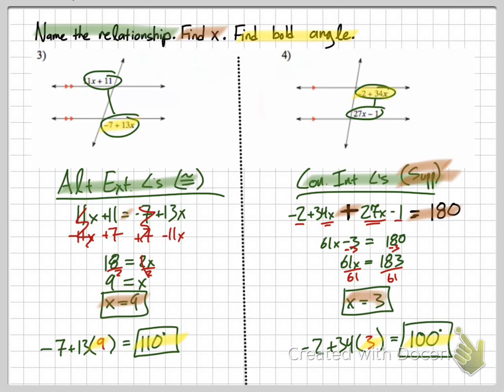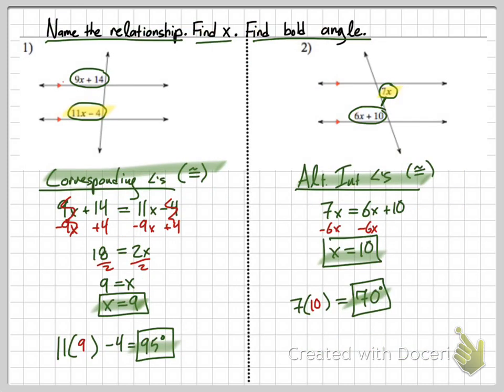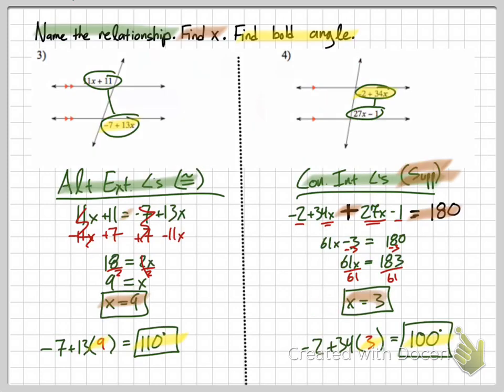So here's an example of each relationship that we're going to be working with: corresponding, alternate interior, alternate exterior, and consecutive interior, along with their corresponding theorems that we'll be using throughout this section.